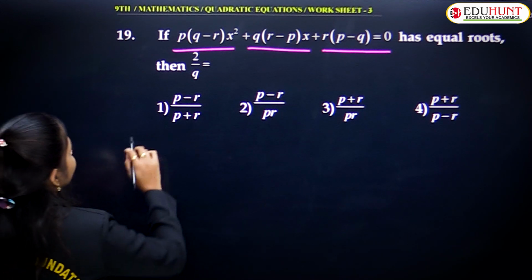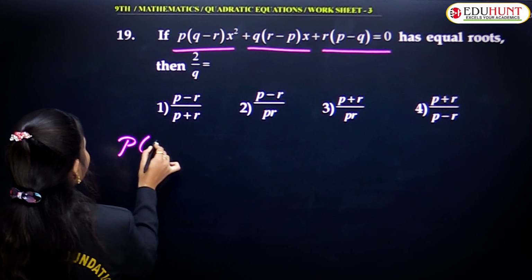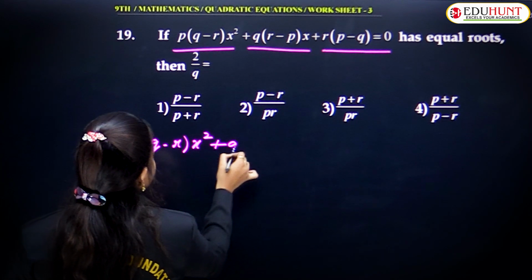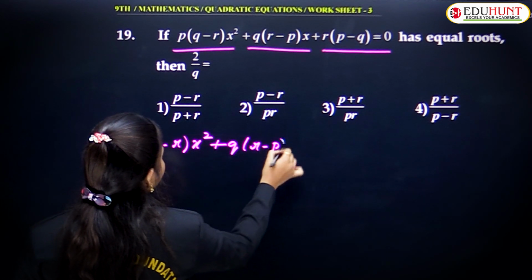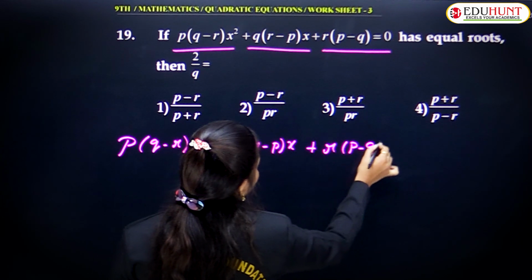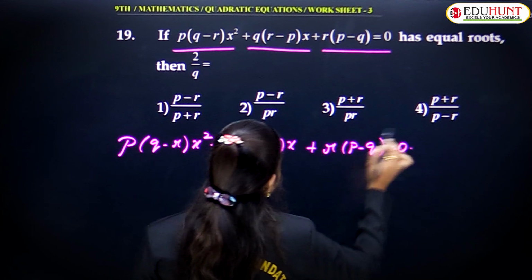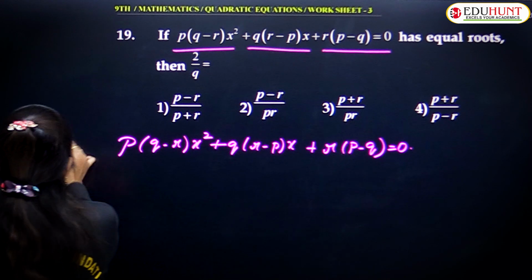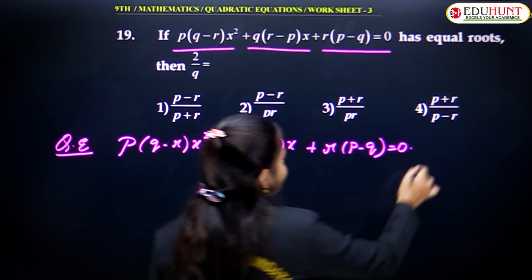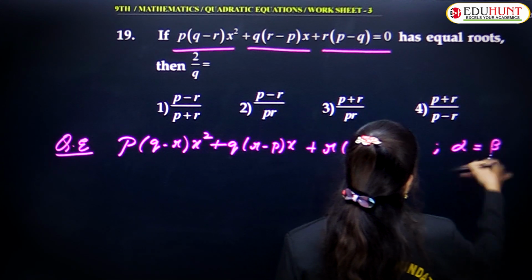So the first condition they given is the given quadratic equation p into q minus r x square plus q into r minus p into x plus r into p minus q, which is equal to 0. This is the given quadratic equation. And they given that one condition, that is alpha is equal to beta condition also given.